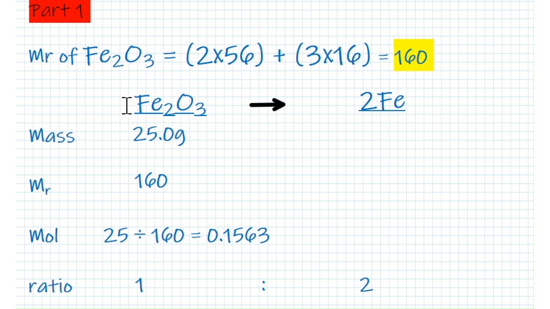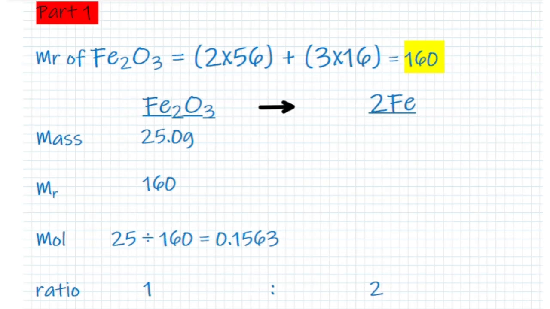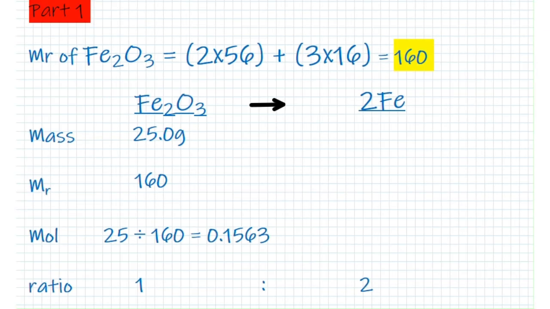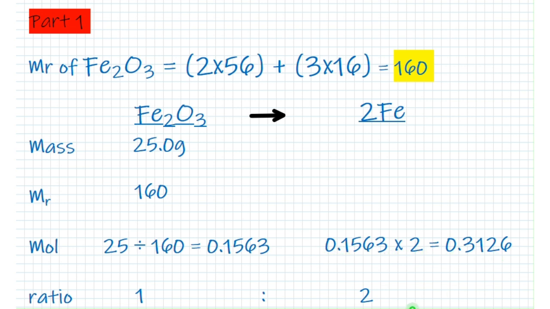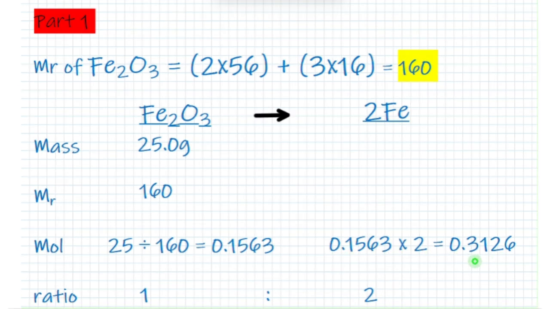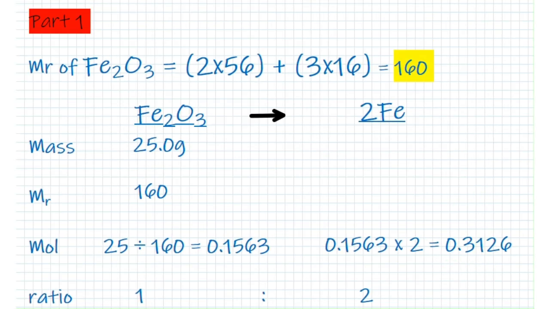Take the ratio from the equation, which is 1 to 2, iron oxide to iron. For every 1 iron oxide there's 2 moles of Fe. Then we work our way back up the right hand side. If there's 0.1563 moles of iron oxide, there must be twice that, 2 times 0.1563, which comes to 0.3126.